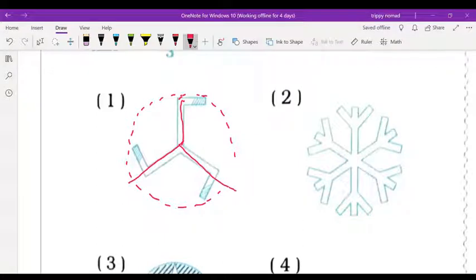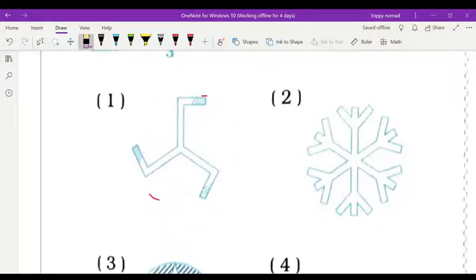Roughly I am drawing. If you move this one 120, this will come to that side and this will go to this side. So I hope you understood. After rotation also you will get the same kind of figure. There will be no change in the figure.